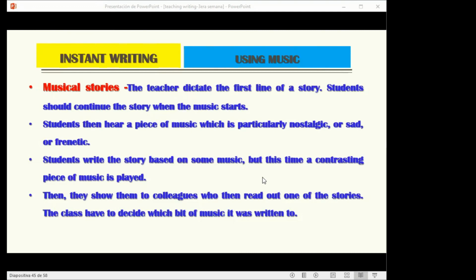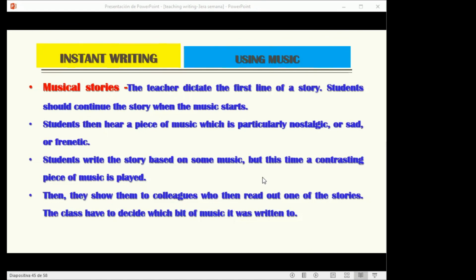Instant writing is when you ask your students to write on the spot, at the moment, without thinking too much, all right? We could use here words, sentences, or substitution drills. Or at higher levels, the construction of a test, when they analyze how to construct a test, or you could use music too, to develop this instant writing in your students, all right?